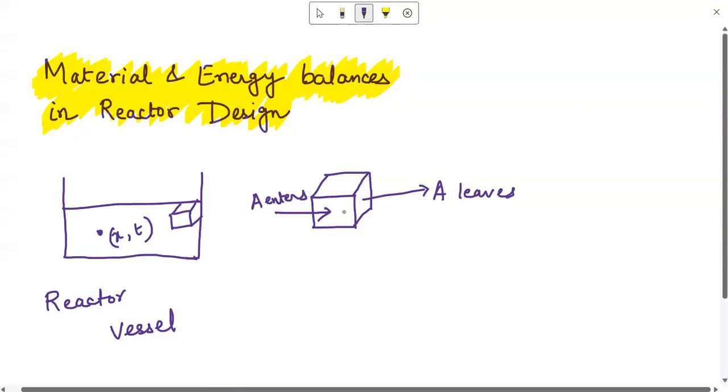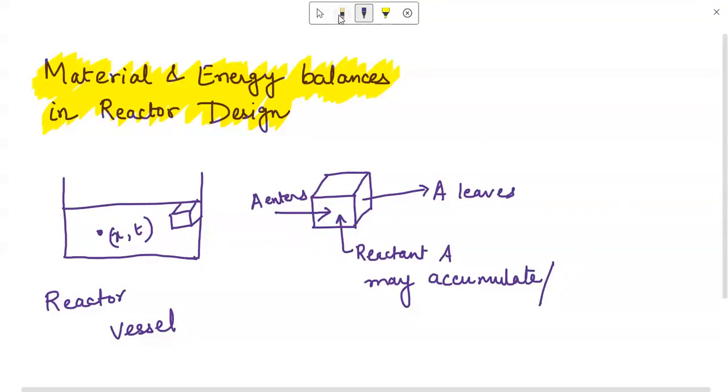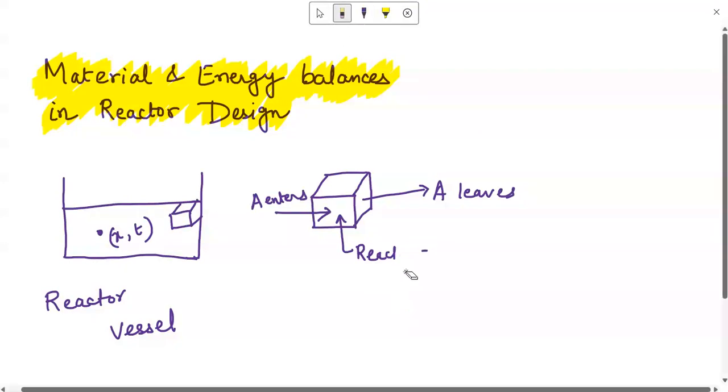And within this element, or within this small reactor volume, the reactant A may accumulate, or, I shouldn't actually relate this accumulation in this manner. Let me put it in another way.